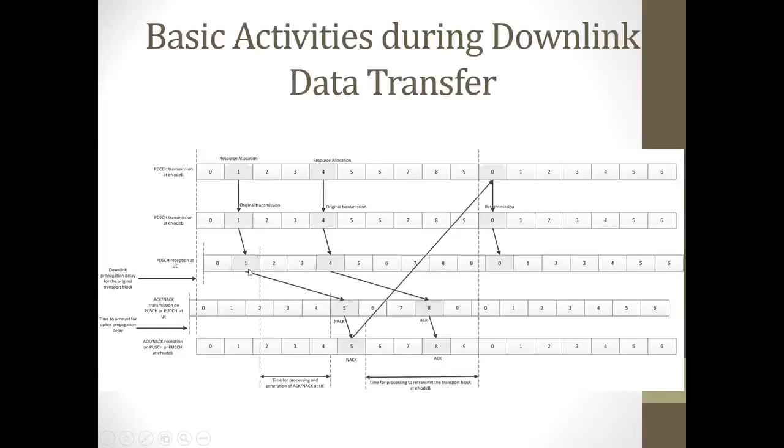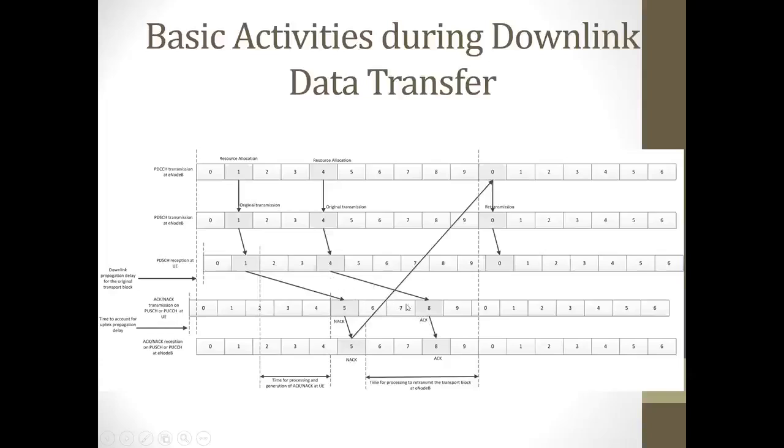If you receive it on number 1, then by specification, you need to send your ACK or NACK on subframe number 5. Like here, another example: you send ACK, it is correctly received, so it was 4 numbers, and you send the ACK on subframe 8. Here, for number 1, you send the NACK on 5, after 4 subframes.